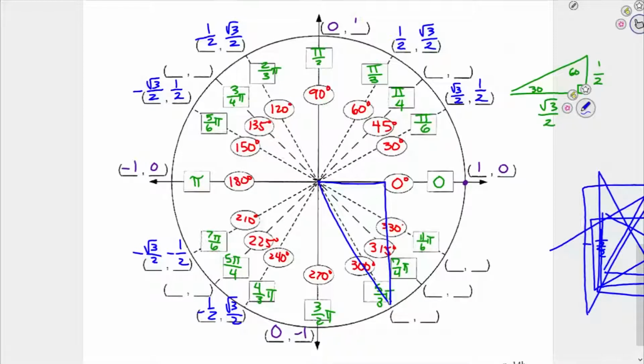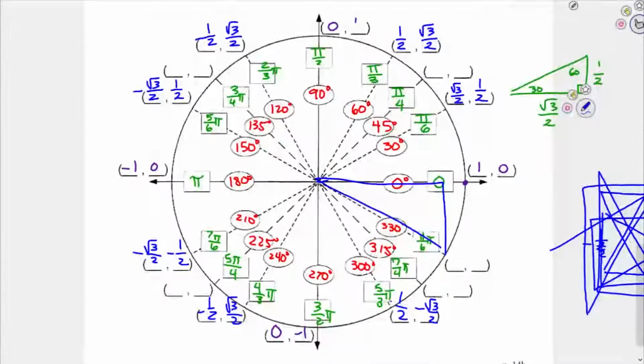I'm going in the positive x direction, the short leg, 1/2, and then down in the negative y direction, the long leg, and get negative root 3 over 2. And then I have this one: in the positive x direction, the long leg, root 3 over 2, and then going down in the negative y direction, the short leg, negative 1/2.